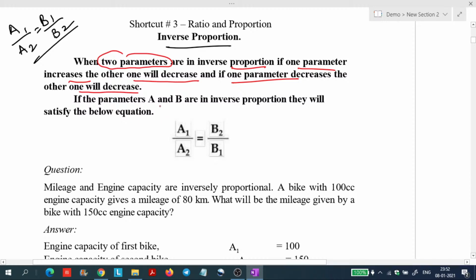If the parameters a and b are in inverse proportion, then a1 by a2 equal to b2 by b1.